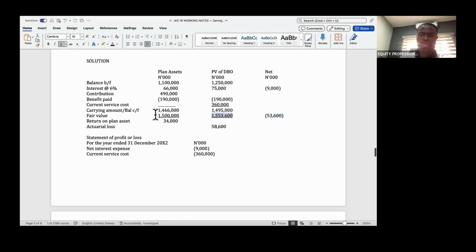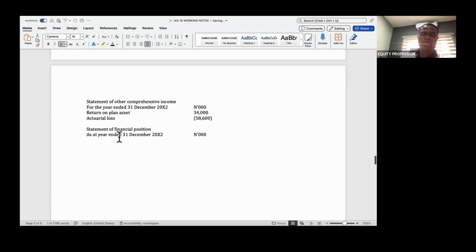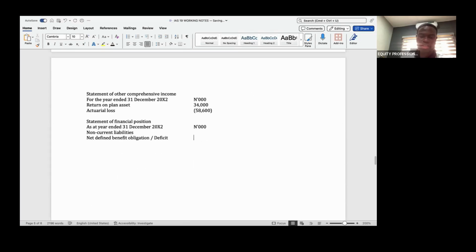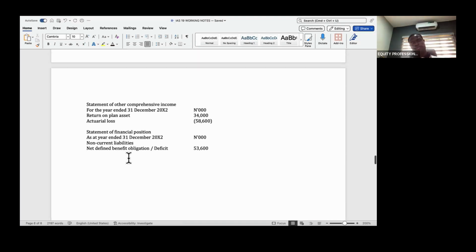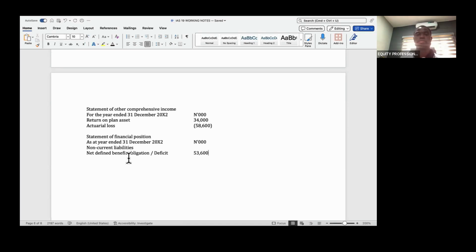Since the obligation is higher, that will show under non-current liabilities. You call it net defined benefit obligation, or you can simply call it deficit. And it was 53,600. That's the end of this question.